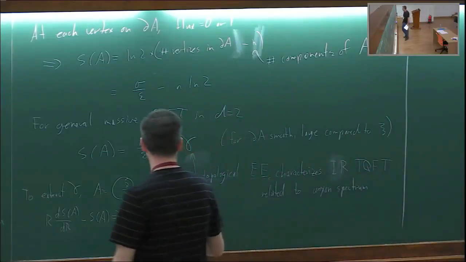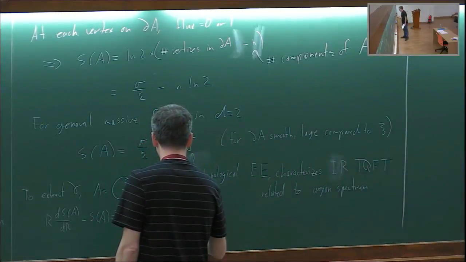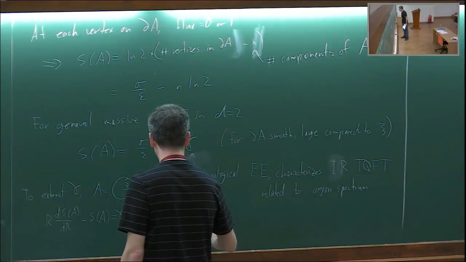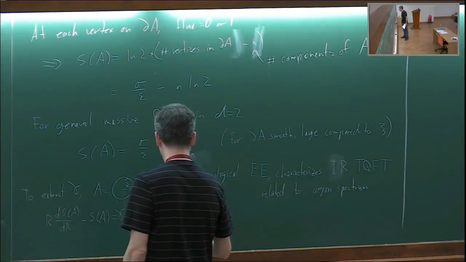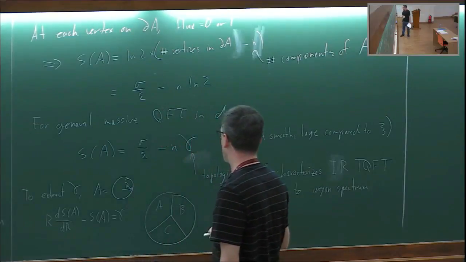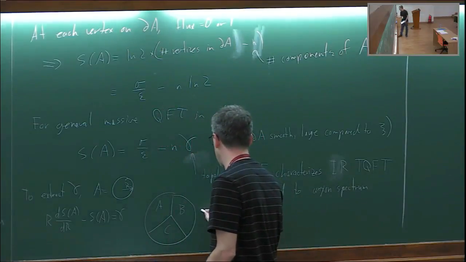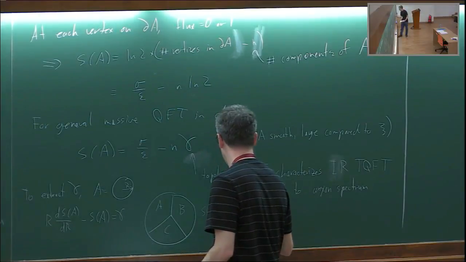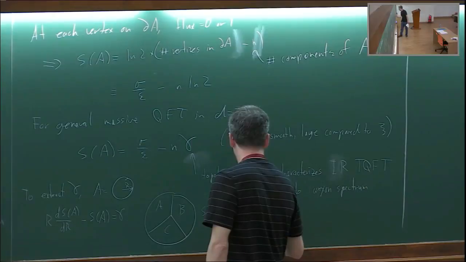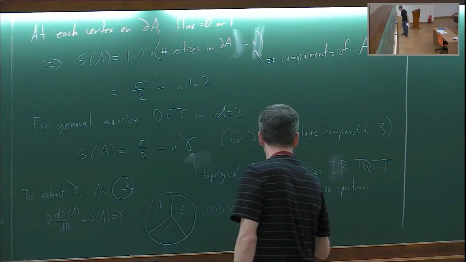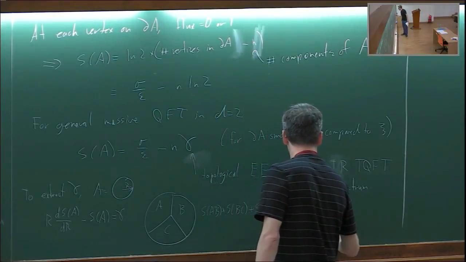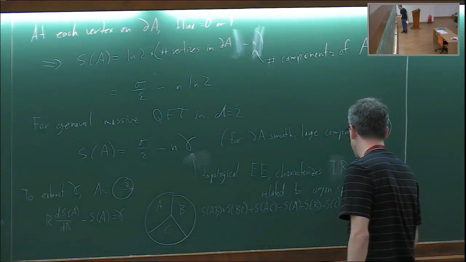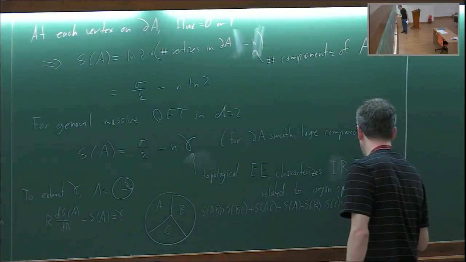Or you can do something fancier where you look at this kind of configuration, and then you compute this particular combination. This combination is sometimes called the tripartite information.